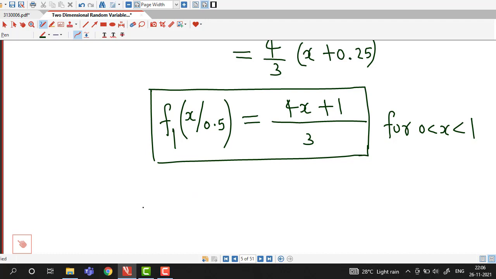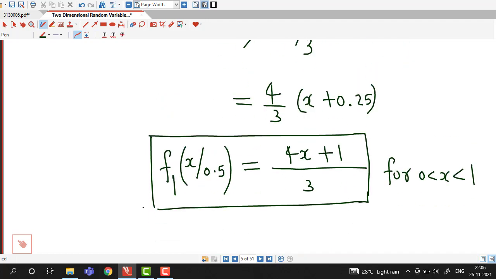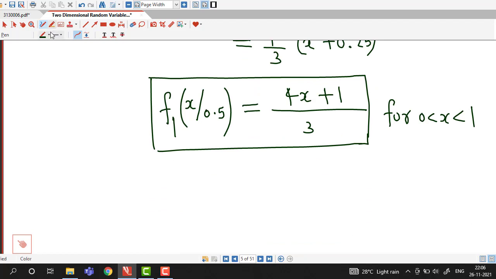Now we are asked to find out mean of this conditional density.